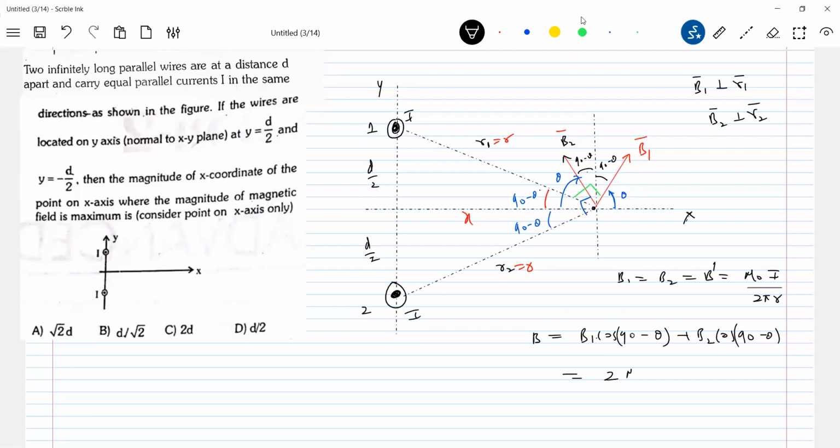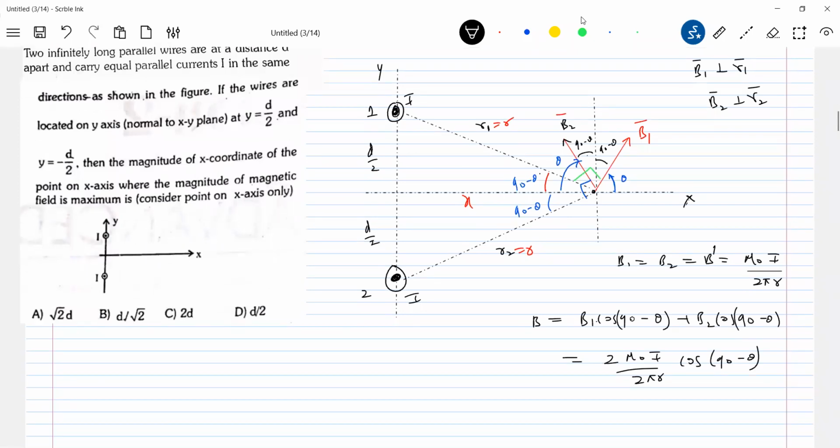So this should be equal to 2 mu naught I by 2 pi r cos of 90 minus theta. Now bring it, so this should be sine theta, mu naught I by pi r sine theta.